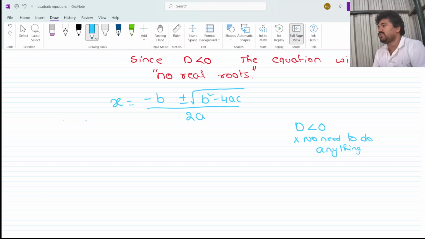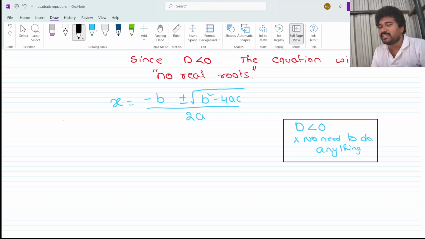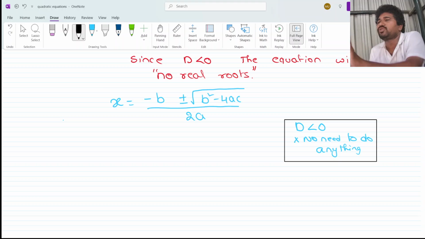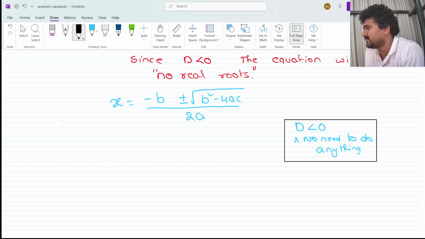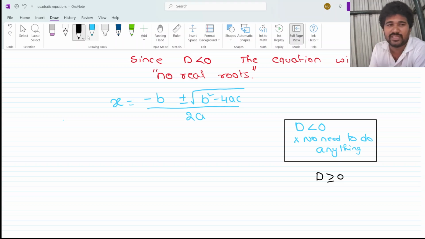Leave it. When do we not need to do anything? If d is less than 0, we don't need to say anything about the roots. Leave it, no real roots, that's all, the sum is finished. Clear? Now if d is greater than 0 or equal to 0, you have to solve fully.